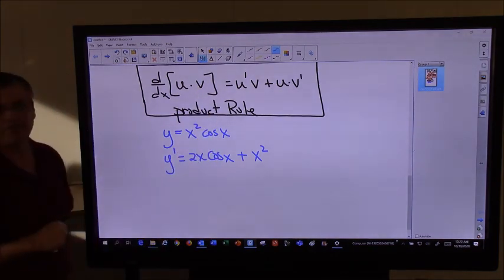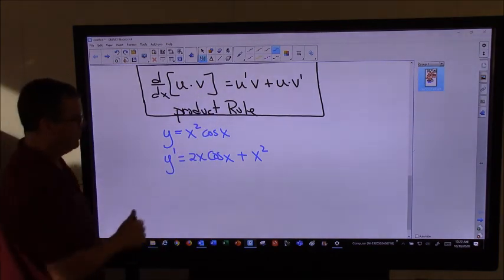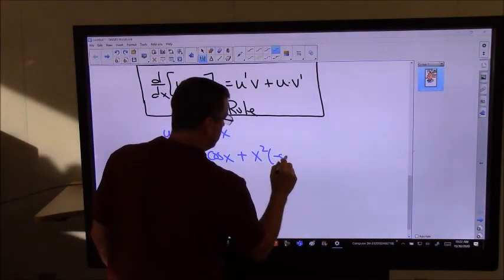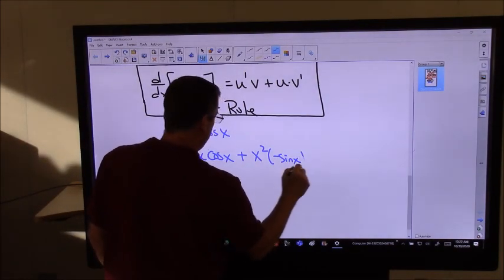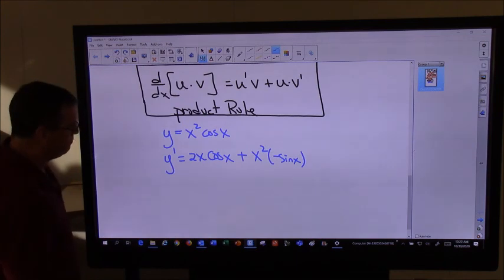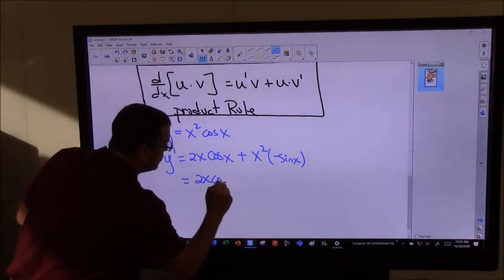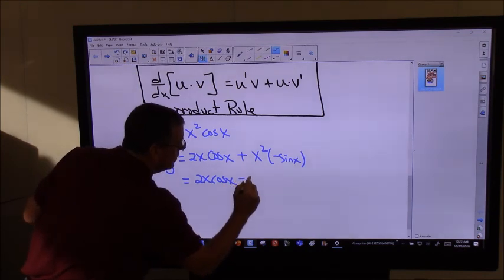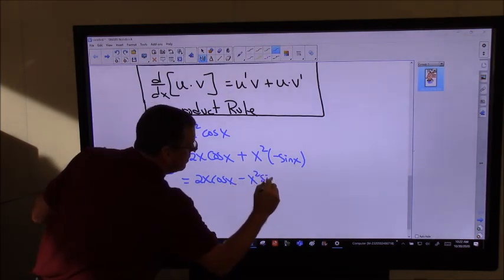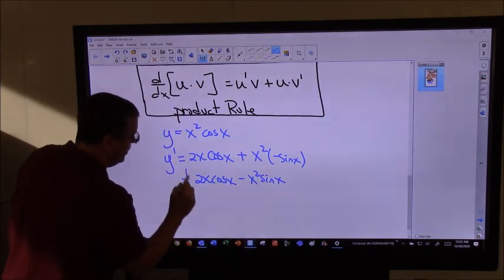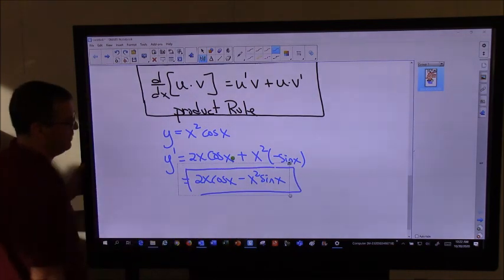Derivative of a cosine of x, we learned that last time, is a negative sine of x. And so my answer is 2x cosine of x minus x squared sine of x. There's the derivative.